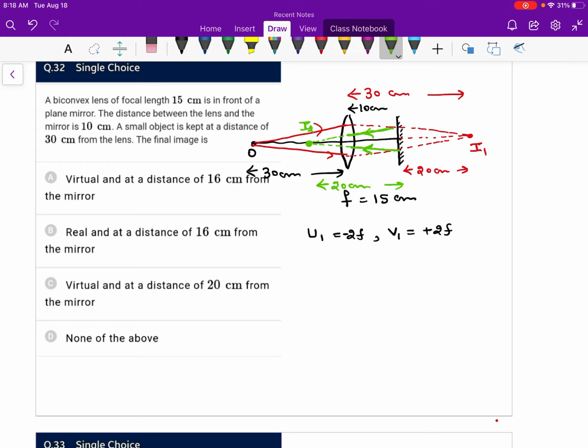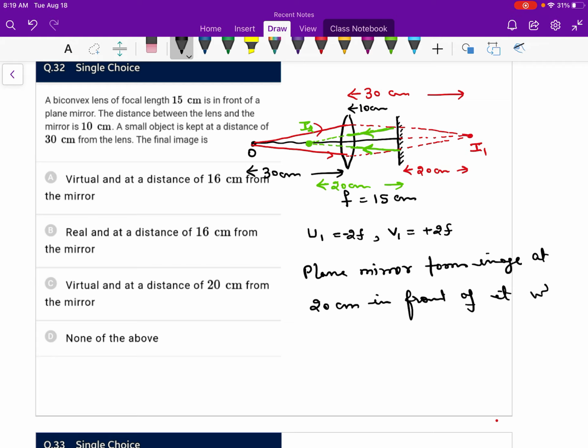So the plane mirror forms the image at 20 centimeter in front of it, which acts as the object for the lens.